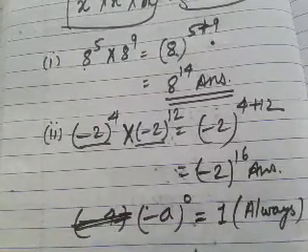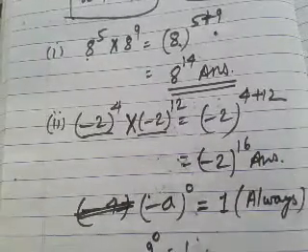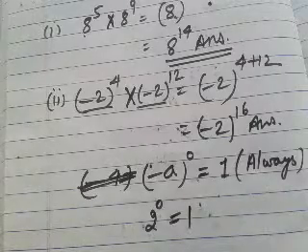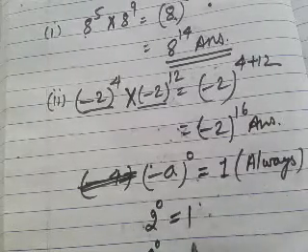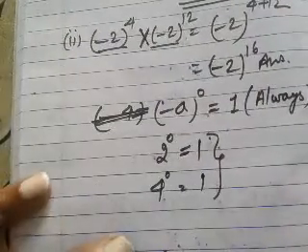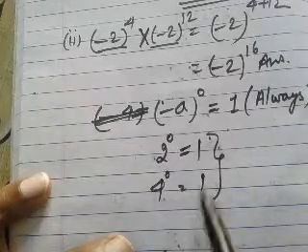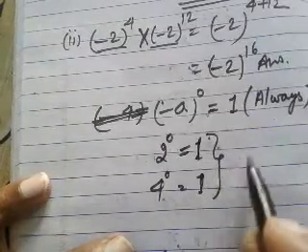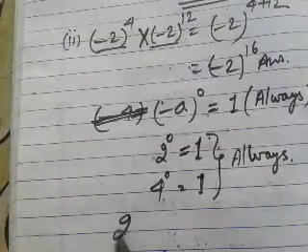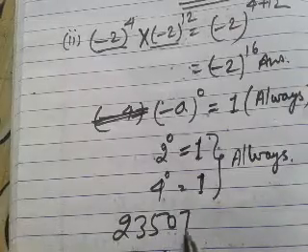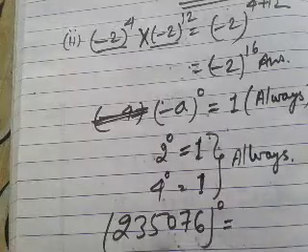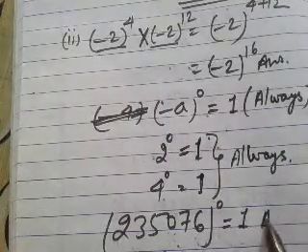Like 2 raised to the power 0 is 1, 4 raised to the power 0 is 1. Always, in any case, if a number has power 0, then the answer will always be 1. Suppose a number is 2, 3, 5, 6, 7, 8 and its power is 0, then the value of this number is 1.